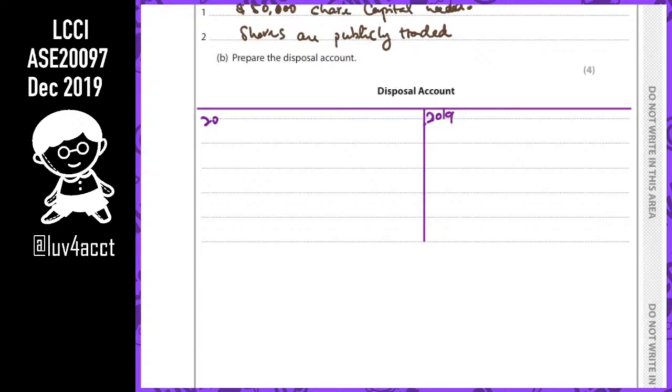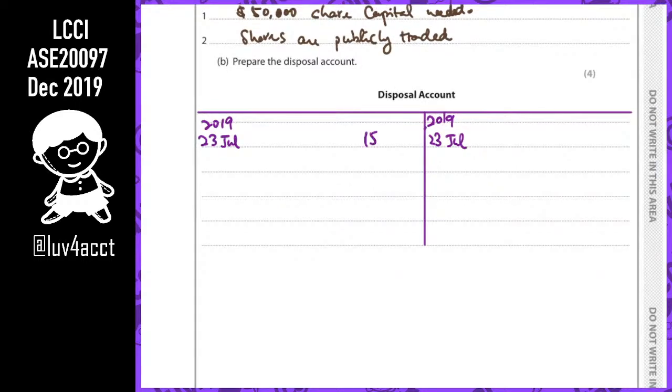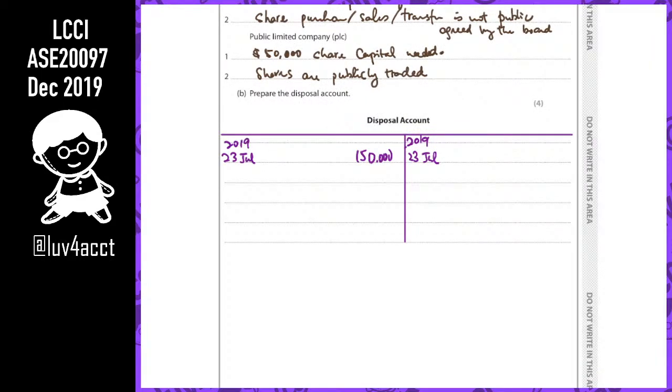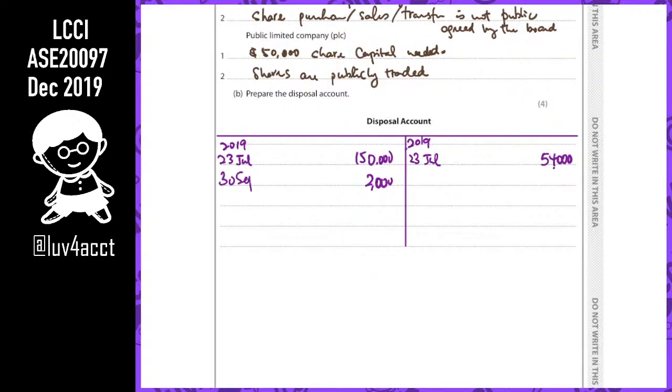So the cost goes in here, 150,000. Yes. And the accumulated depreciation, 54,000, goes to here. We have a disposal gain, so it goes to here. The disposal gain is here, 30th September. And then we receive money, bank.